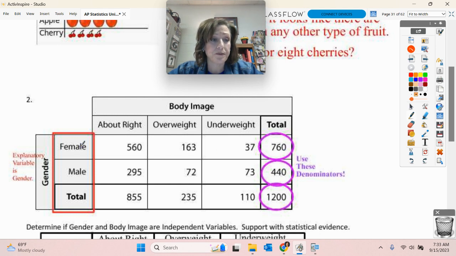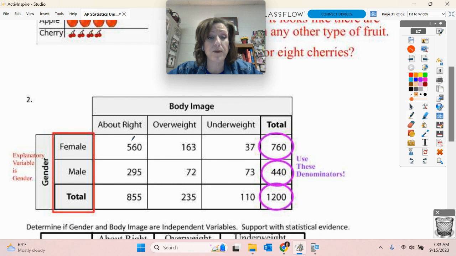Since I think the explanatory variable is gender, because I think gender is going to have an impact on what the body image is, that's what we're checking to see. So then I'm going to use the 760 and the 440 as the denominators. And if I was doing marginal, then I would use the 1200 as the marginal denominators.